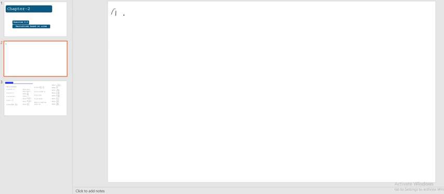The first rule is d/dx of C equal to 0, where C is any constant. What is the example?